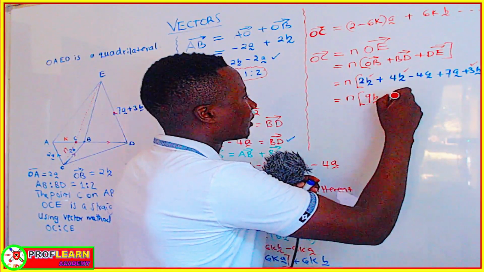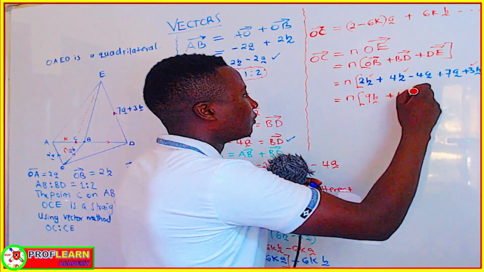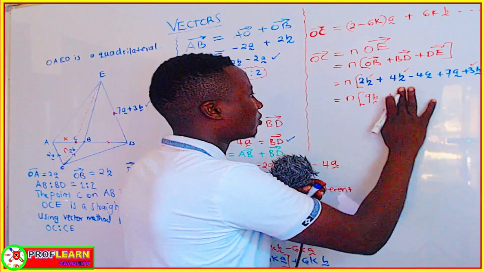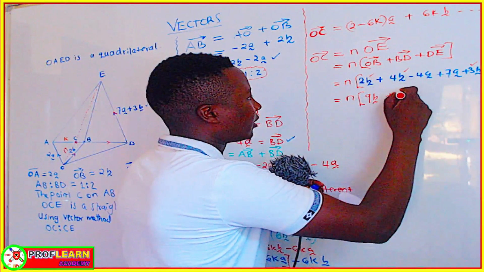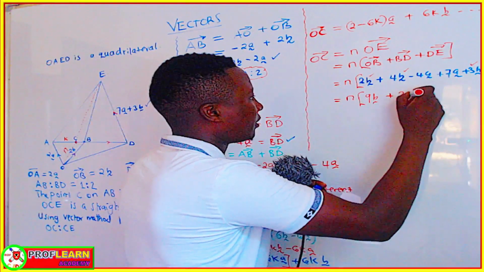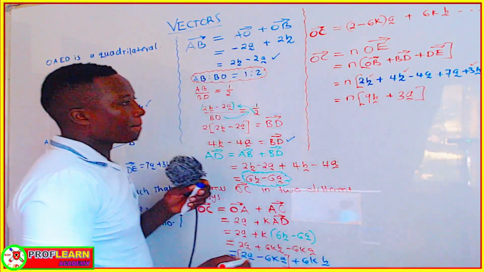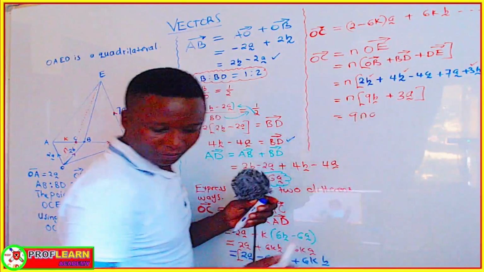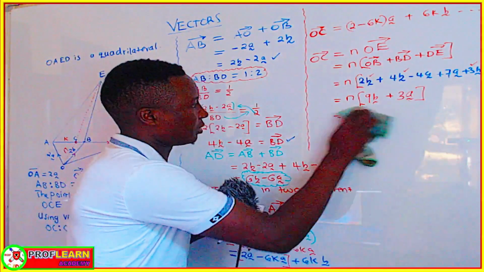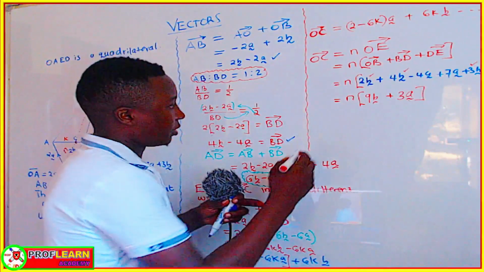This is going to translate to 3 vector A. Then this becomes N times 3 vector A plus 9 vector B. Let me start with A because it will look better. We start with A.